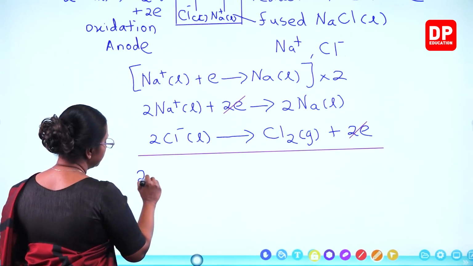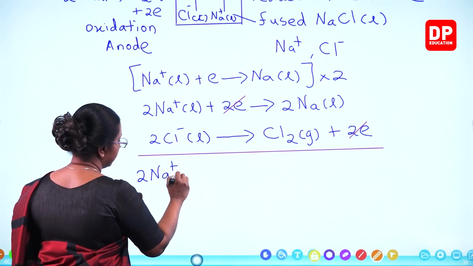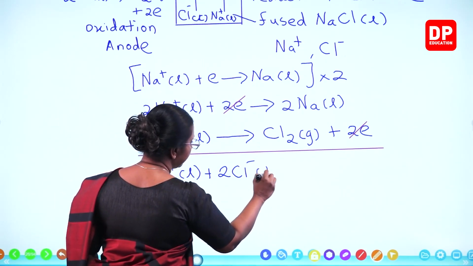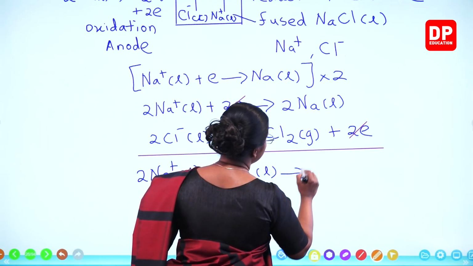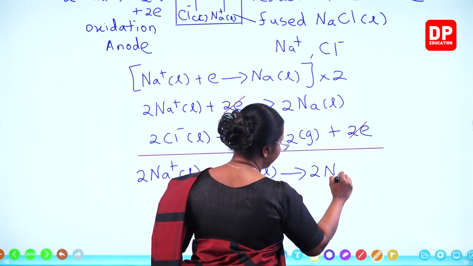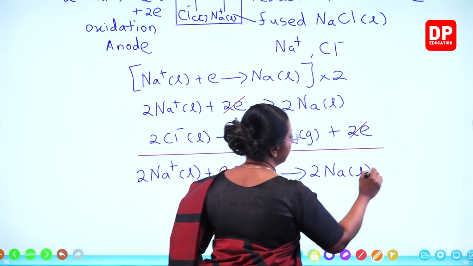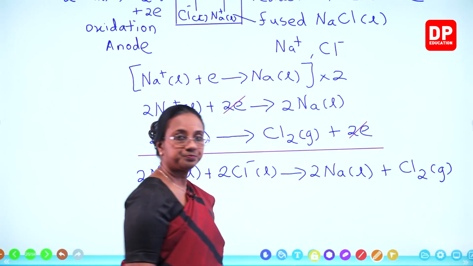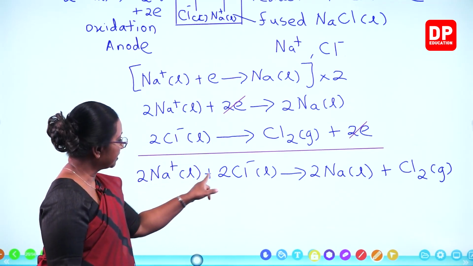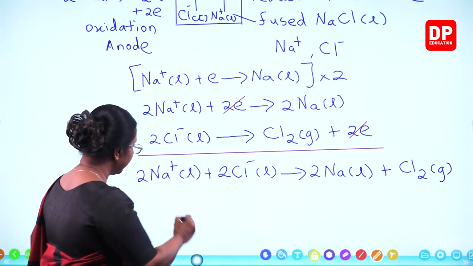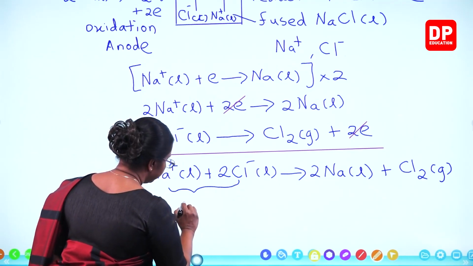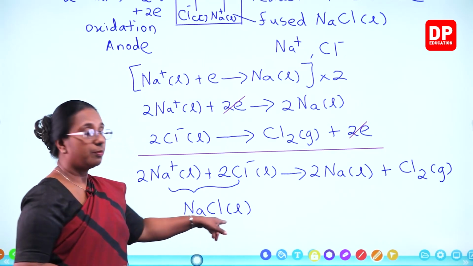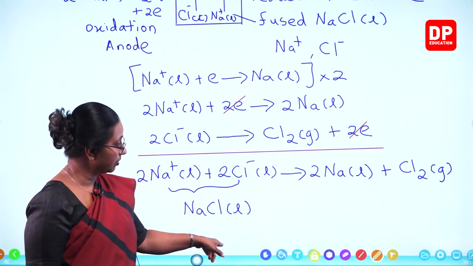What do we get? 2Na+ (liquid) plus 2Cl- (liquid) giving rise to 2Na (liquid), that is sodium metal, plus Cl2 gas. So Na+ and Cl- liquid is NaCl liquid, that is the molten or fused sodium chloride.